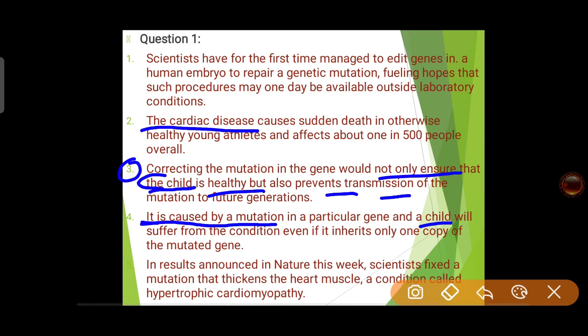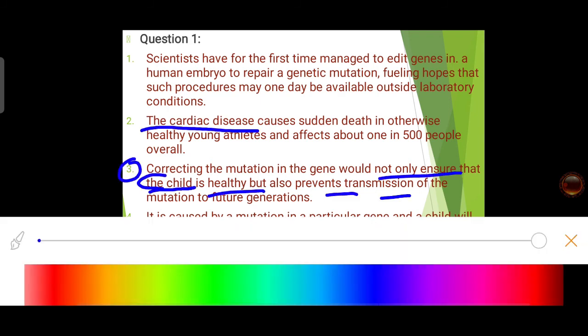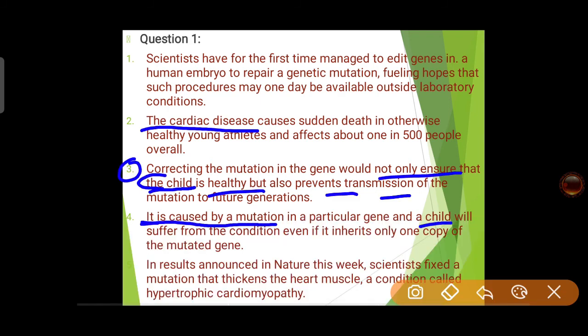So after 4, 3 will be used. So this is our mandatory pair. Okay, so let's move on to the next one, that if any child gets a copy of that mutated gene, then he will be suffering from the same disease.